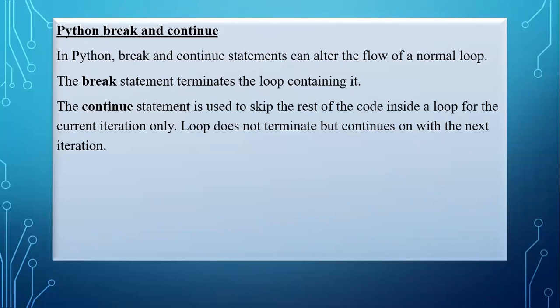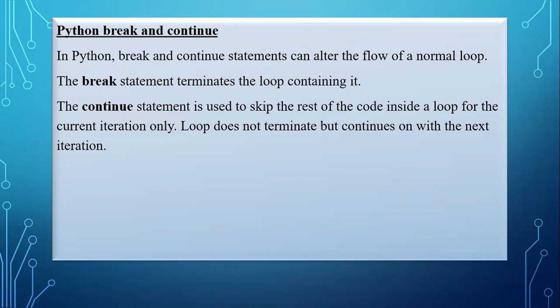Normally, if I start the iteration value from 1 to 10, it will do 10 iterations. But in between, if you want to terminate, you don't want to continue with all 10 iterations, you want to terminate at the 5th or 4th iteration, you can use the break keyword. It terminates the loop.